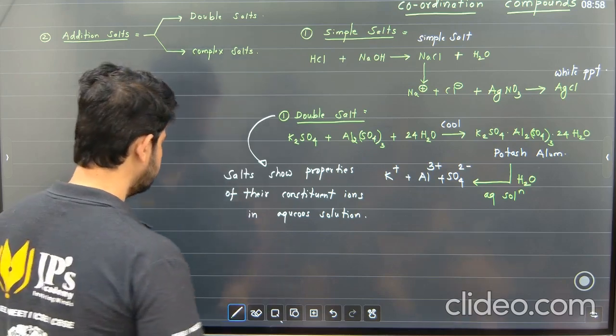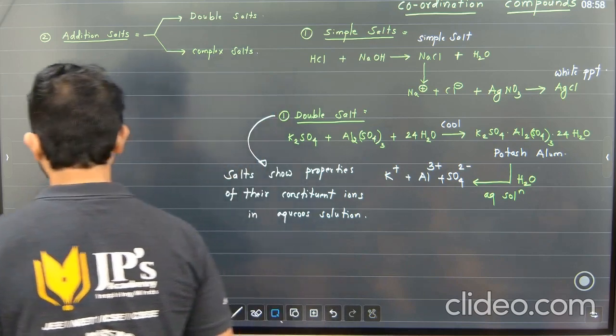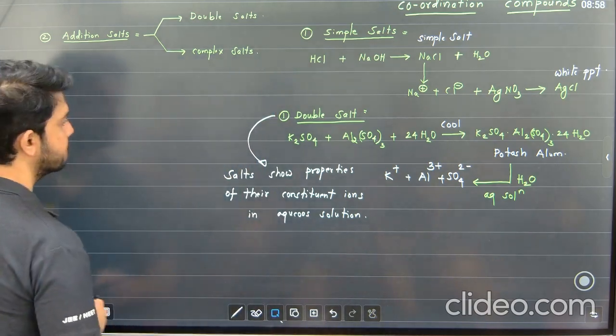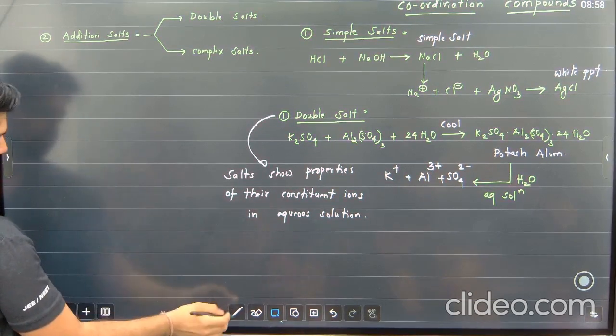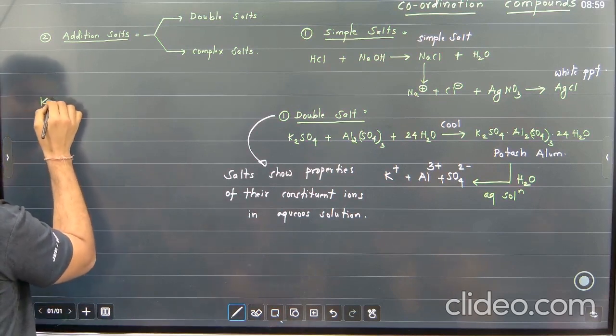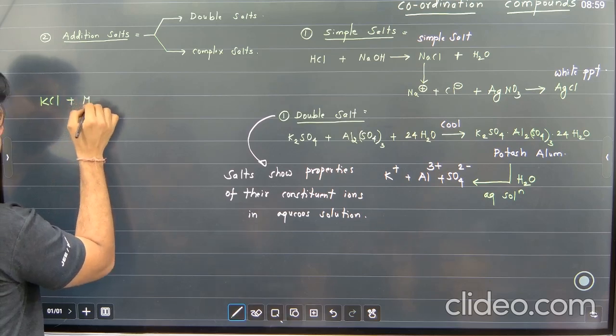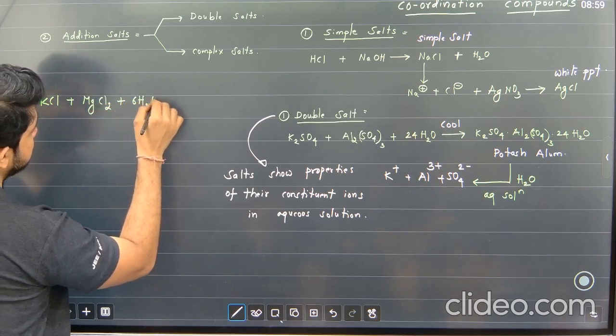Let's take one more double salt. Let's say we have KCl plus MgCl2 plus 6 H2O.